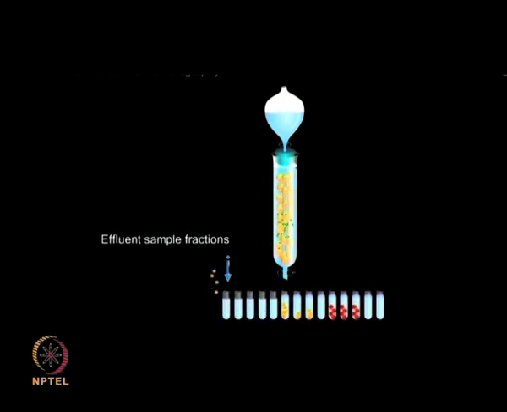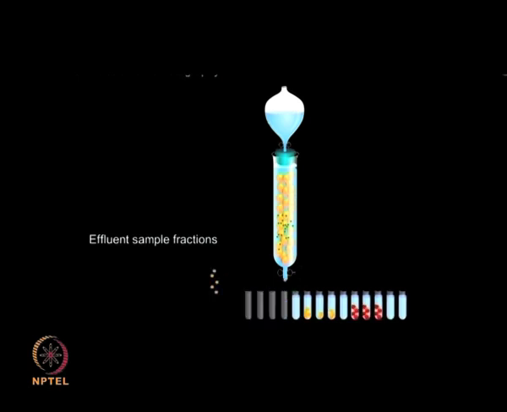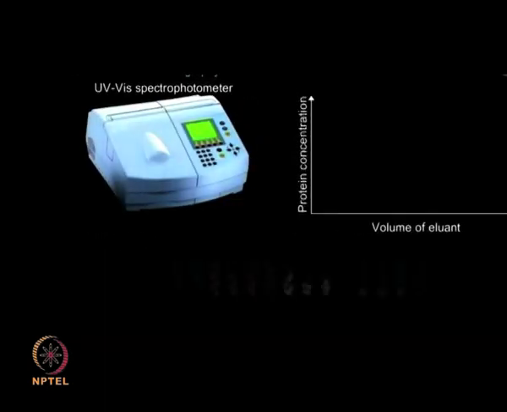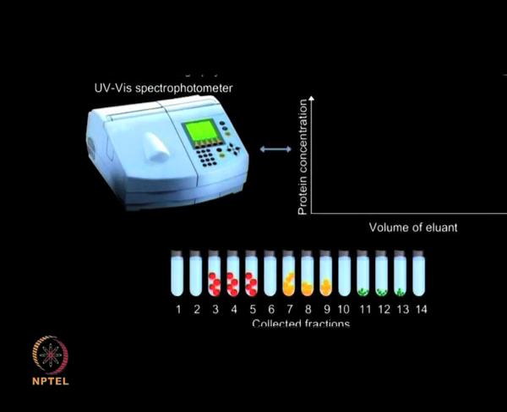Once all these fractions are collected, they can be analyzed for their protein content by using a UV visible spectrophotometer. Now, analyze the protein content using a UV visible spectrophotometer at 280 nanometers.